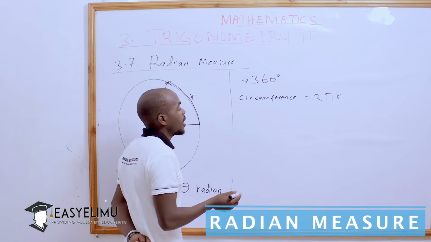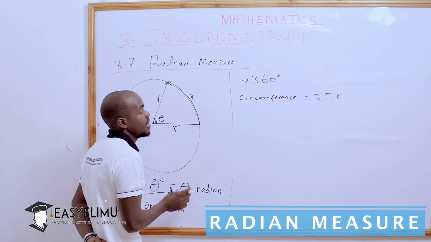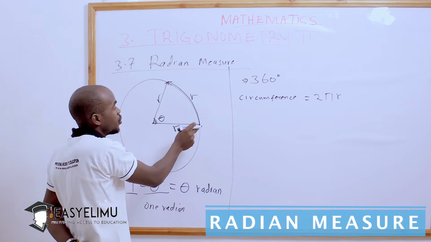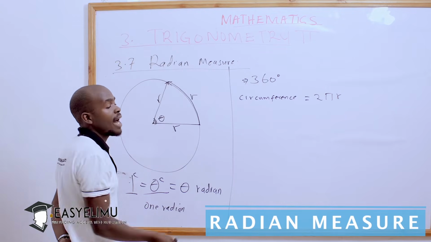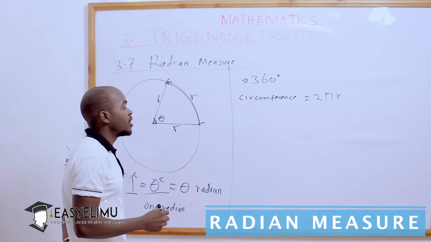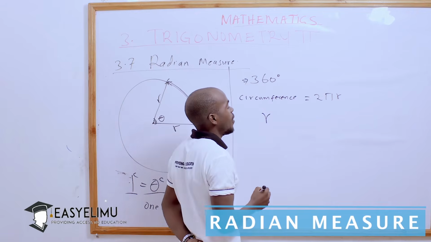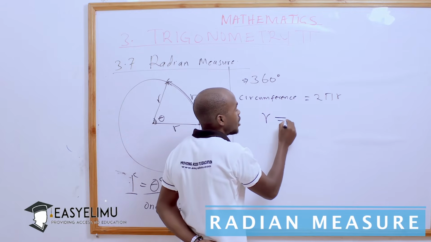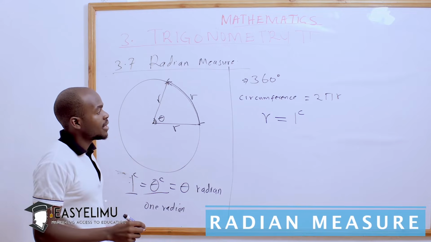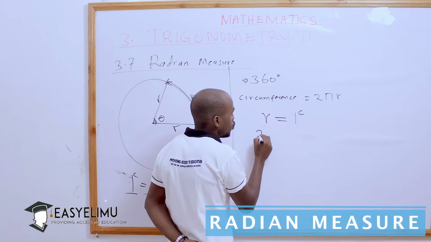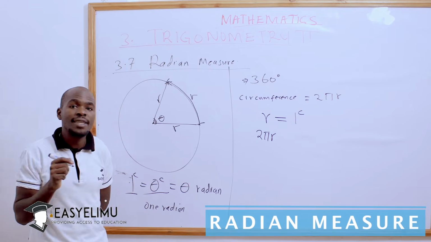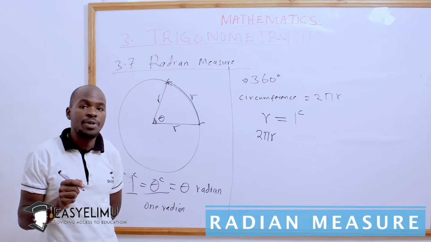And from what we have just said, we have an arc length equal to r. So if r as our arc length is equal to 1 radian, then what does 2 pi r represent? Or what does the whole circle represent?